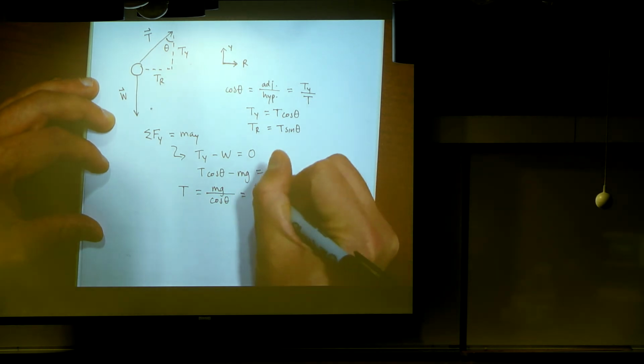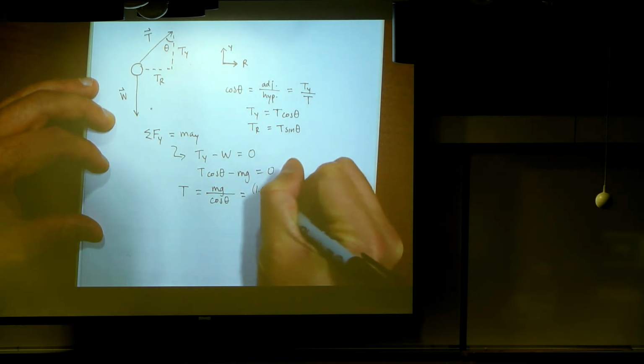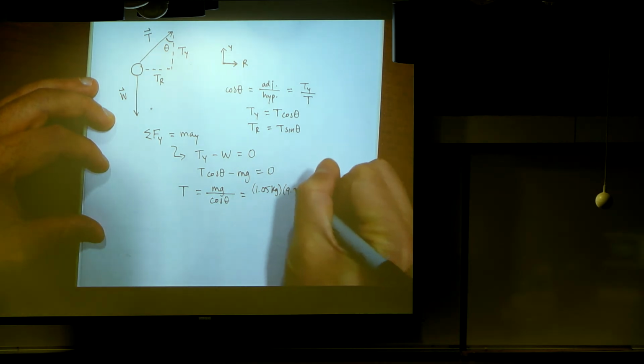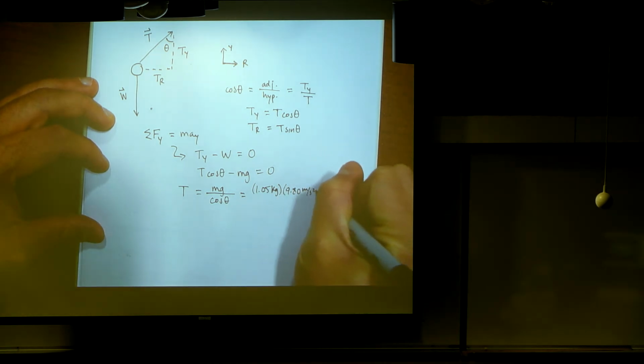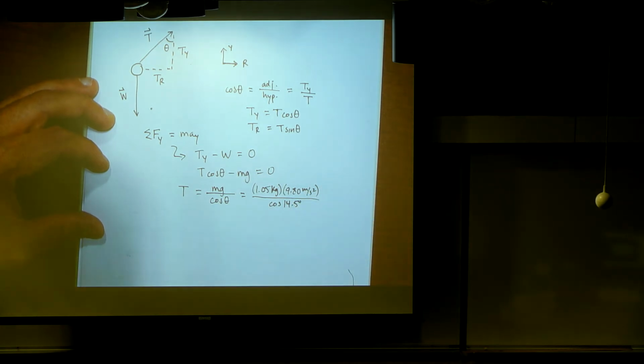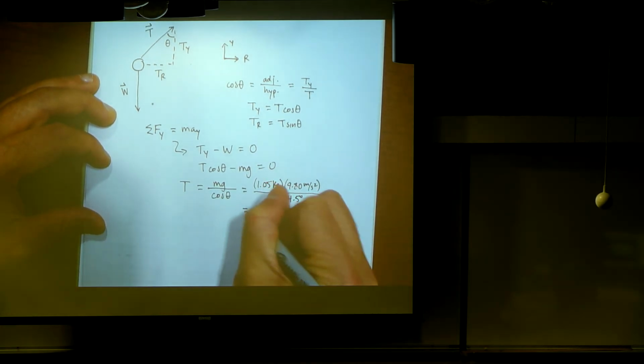So, okay, the mass, that was 1.05 kilograms. g, that's 9.8 meters per second squared. And the angle was 14.5 degrees, right? Okay.